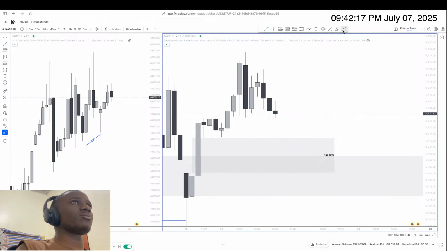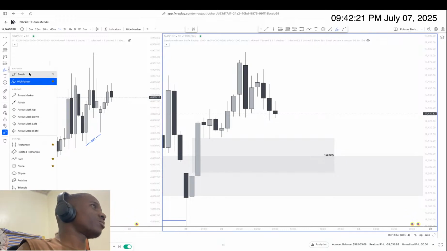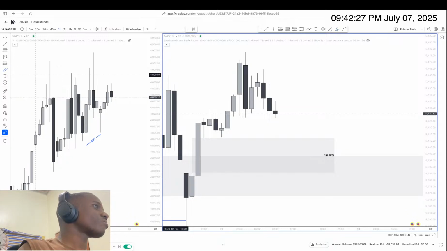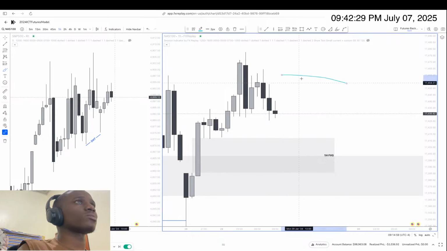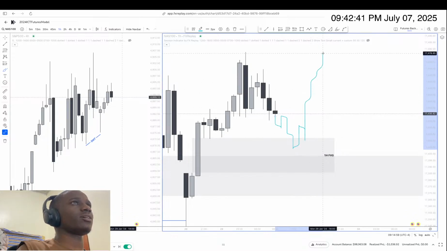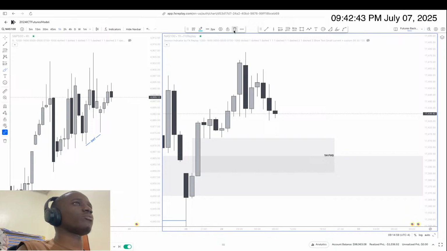So it's possible that I want to change this pen to a lighter brush. Yeah, so it might be possible that we might drop, come high for a little bit, then take out these lows, push higher, get a change in state, embrace a fair value gap, drop here, and then push higher as time goes on. So that would be basically what we're looking for.